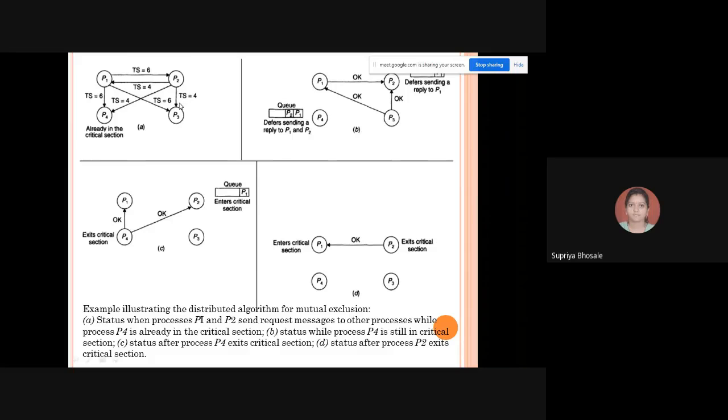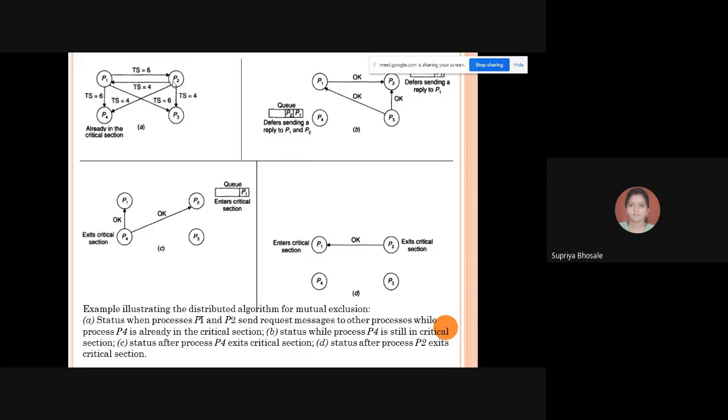Okay. What is the condition? That is, P4 is already in the critical section, and P1 and P2 want to enter the same critical section.